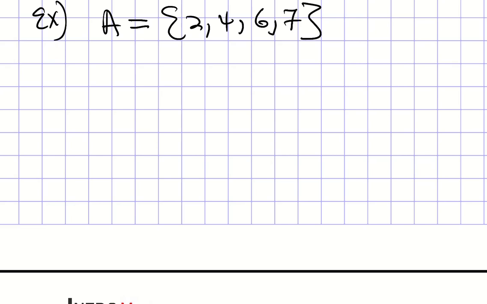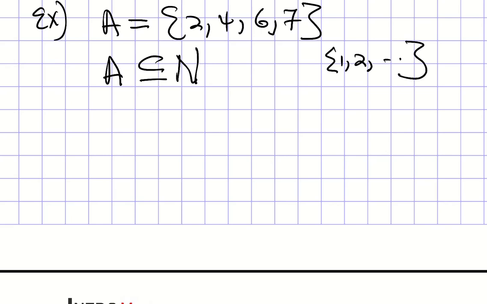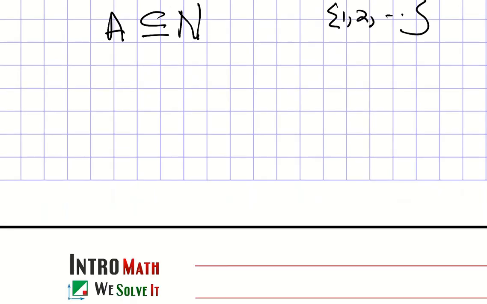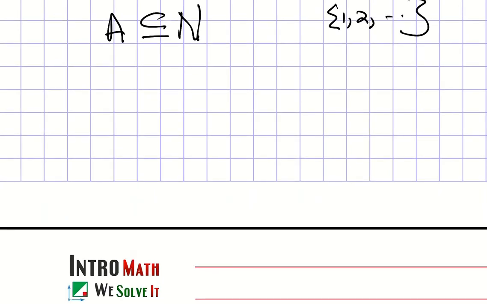Now notice that A is a subset of the natural numbers, because remember the natural numbers is a set consisting of 1 to infinity. So A is a subset of N.